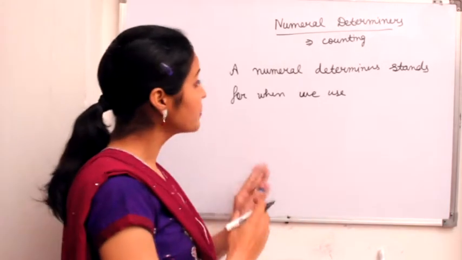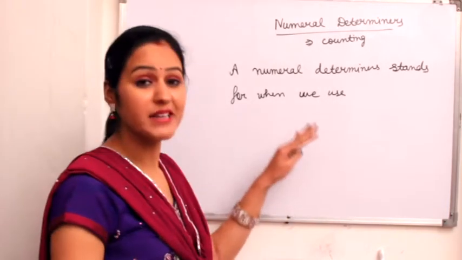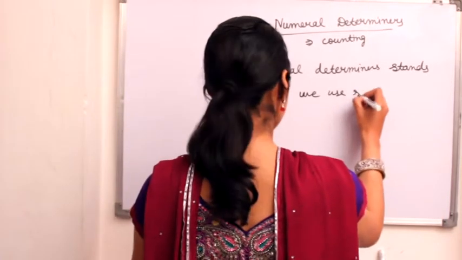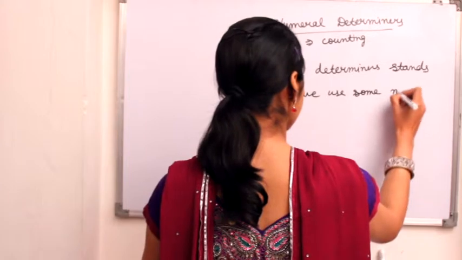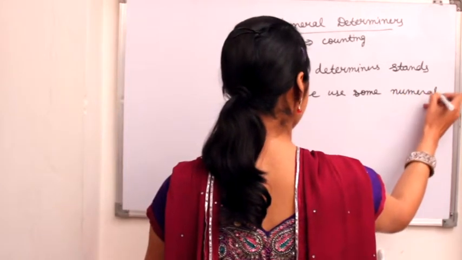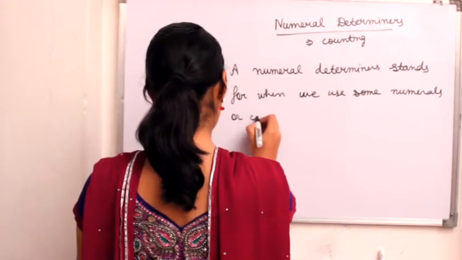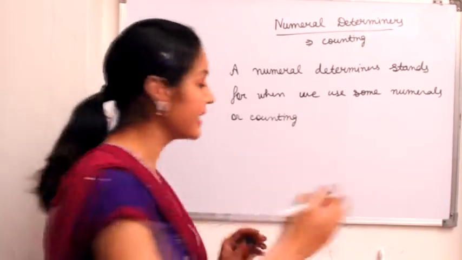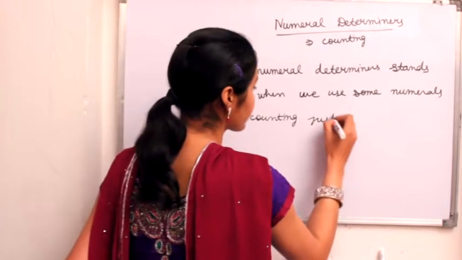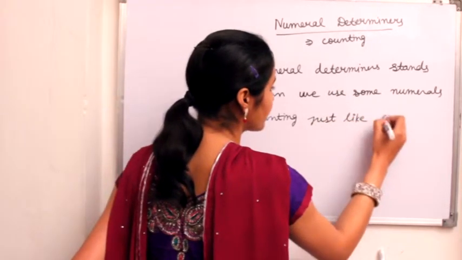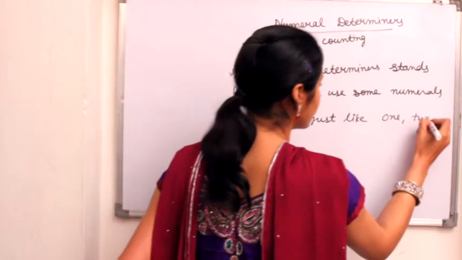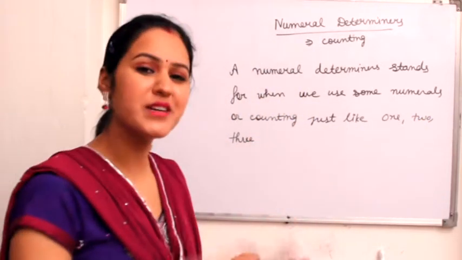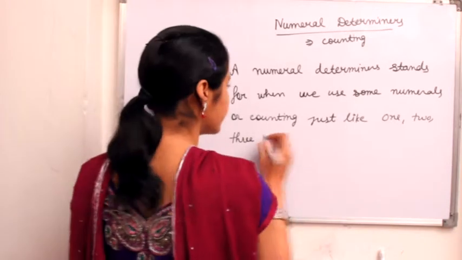A numeral determiner stands for when we use some numerals or counting, just like 1, 2, 3, or I added here first, second and third.